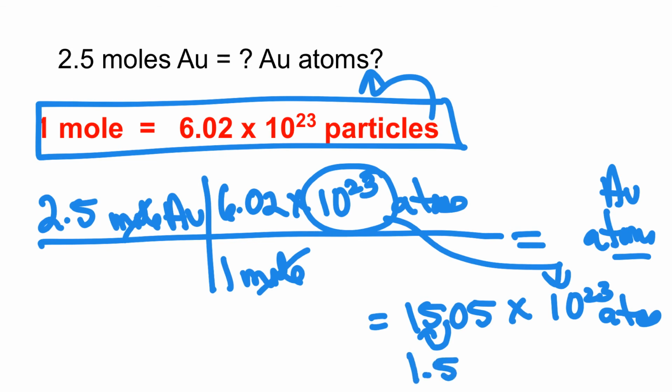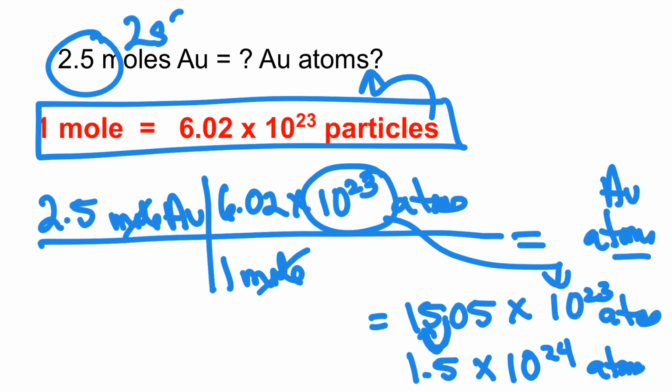I just made this smaller, I went from 15 to 1.5, then I need to make the exponent bigger, okay? And so my answer is, I've got 2 sig figs, my answer is 1.5 times 10 to the 24 atoms of gold, right?